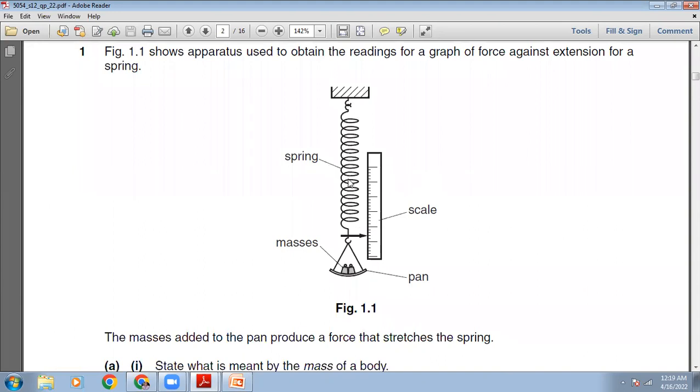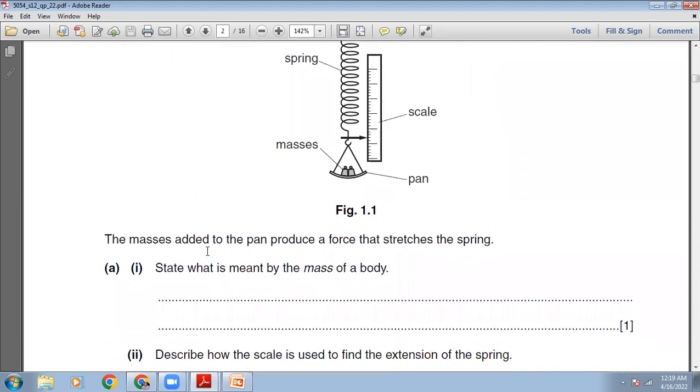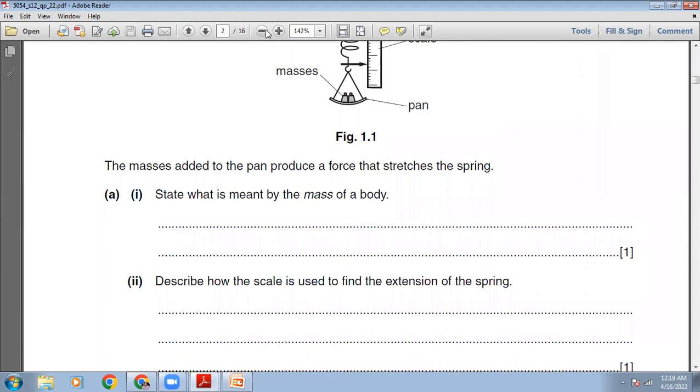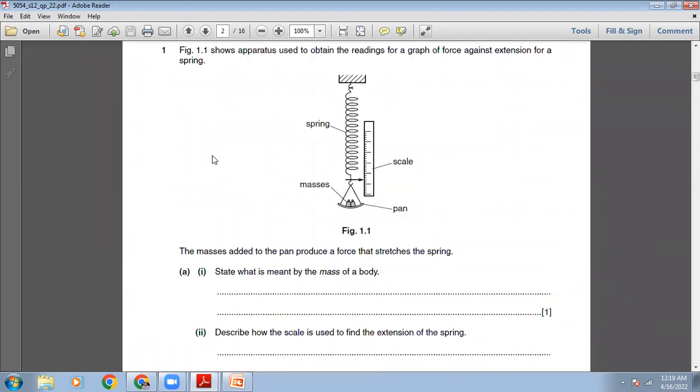So here you have a spring, and here is the pointer of the spring. Here you can put the masses, and here we have a scale. In this pan, we will put the mass or the load. The masses added to the pan produce a force that stretches the spring.